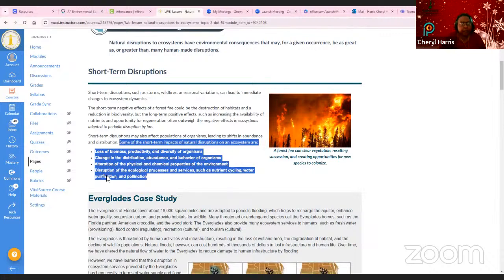Okay, and so which again will disturb the nutrient cycle. Water purification. There are some places that don't have clean running water right now because of this event that we just had, and it blew everything all over everything. So pollution, houses were destroyed, so you have to remove all of the debris that is left from these events. So short-term disruptions cause long-term alterations to your ecosystem.